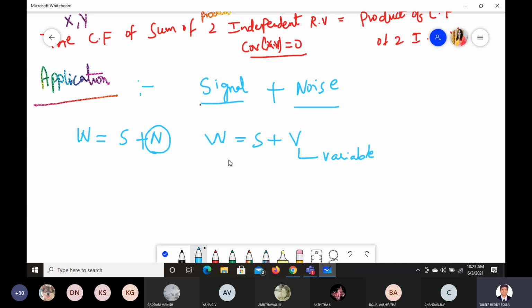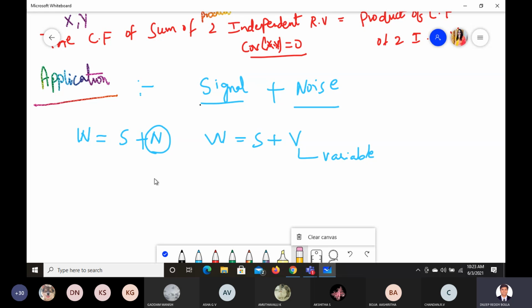So that's the application here, which means the sum of two independent random variables is adding a single random variable S to an independent random variable V. To understand it clearly, I'll make it in a different way for you.